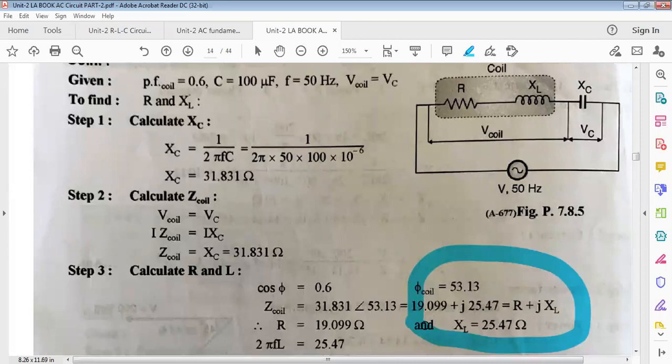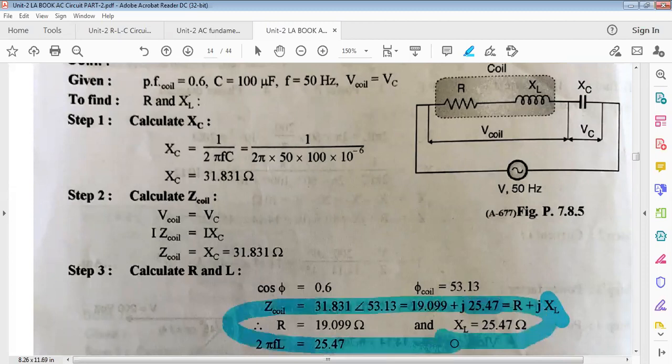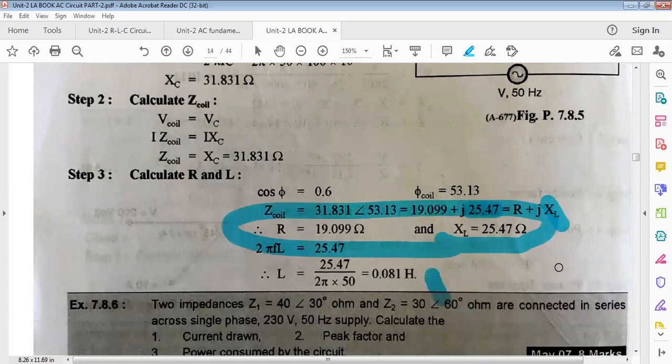The real part will be the resistance of the coil, 19.09 ohm, and the imaginary part will be XL, that is 25.47 ohm. Once you know XL, can you calculate L? Got the sum? Any difficulty with this?